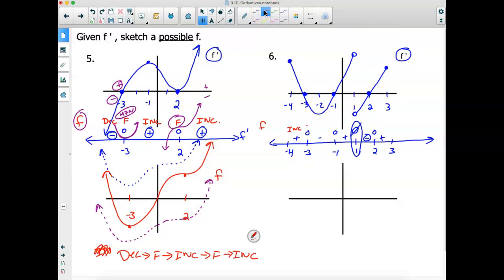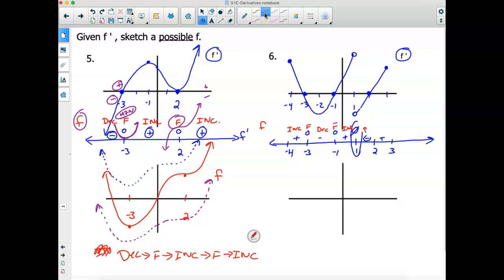Increasing, flat, decreasing, flat, increasing, something wonky, increasing, flat, oh, nuts. What did I have there? Okay, those are good.